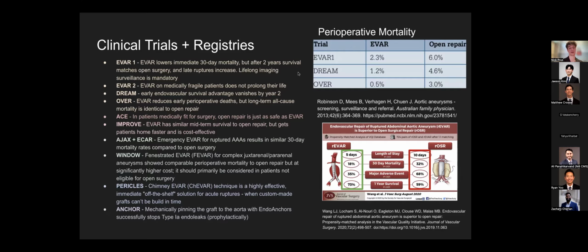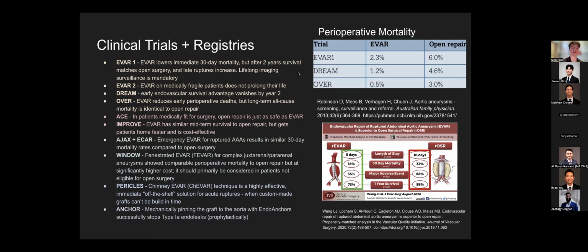ACE, so in patients medically fit for surgery, open is just as safe as EVAR. In the IMPROVE trial, EVAR has similar midterm survival to open repair, but gets patients home faster and is more cost effective. So once again, showing that EVAR is advantageous in the short term. You also have IMPROVE and ECAR, so emergency EVAR for ruptured AAAs results in similar 30-day mortality rates compared to open surgery.